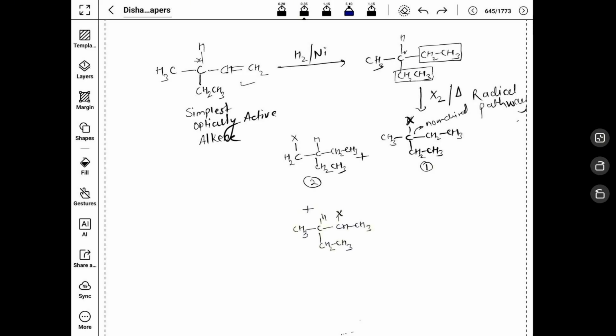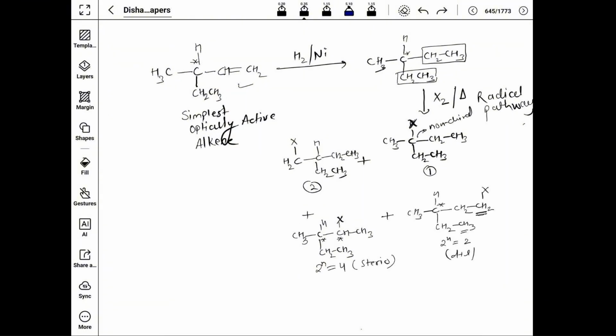After monohalogenation, this is a chiral center because it has 4 different groups, and this is also a chiral center. So there are 2 chiral centers, therefore it will have 4 stereoisomers. And the last possible product is this one, in which halogenation is going at the terminal carbon. Now you can see that after monohalogenation this carbon becomes asymmetric. Therefore it has 2 stereoisomers which are D and L.